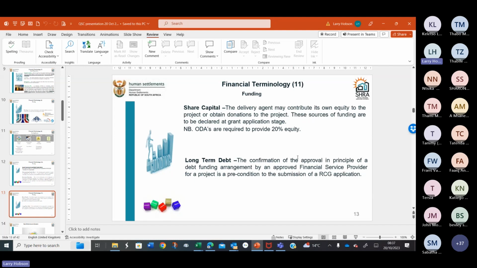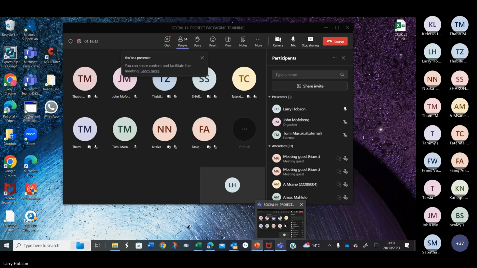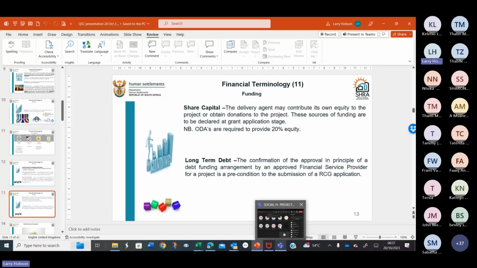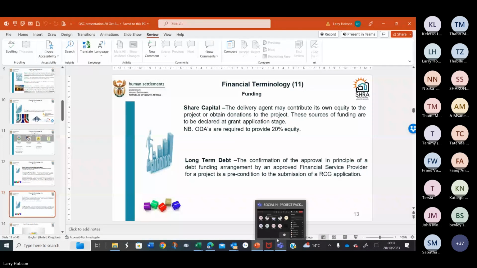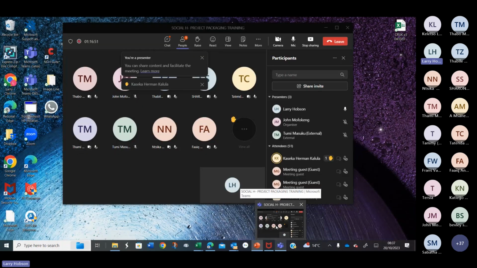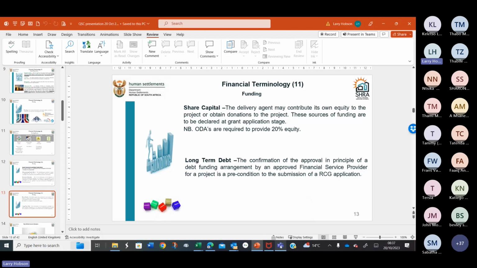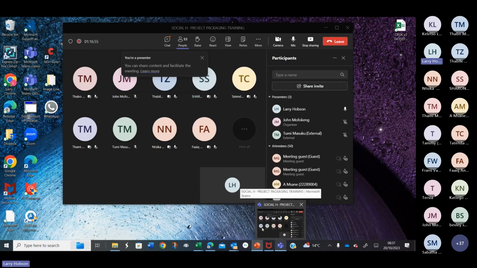Is there anyone who wasn't here yesterday that might need an explanation of how the 20% works for other delivery agents? You can raise your hand if you need that. Okay, so we have got somebody who wasn't here.